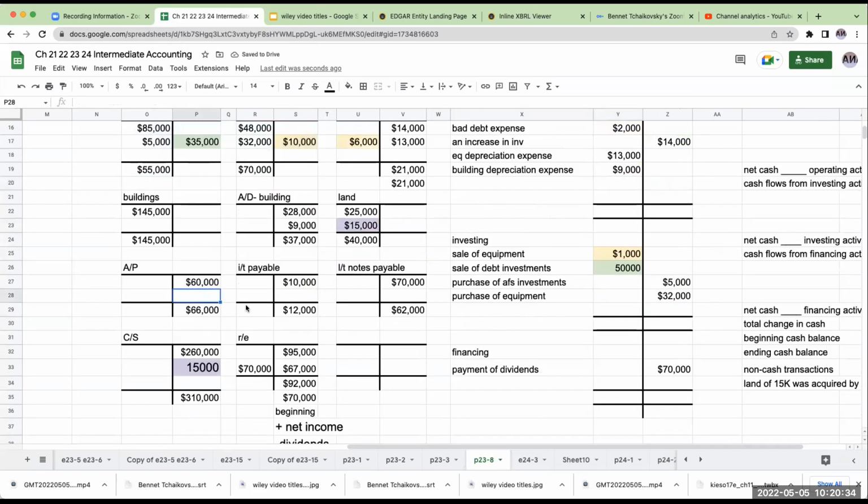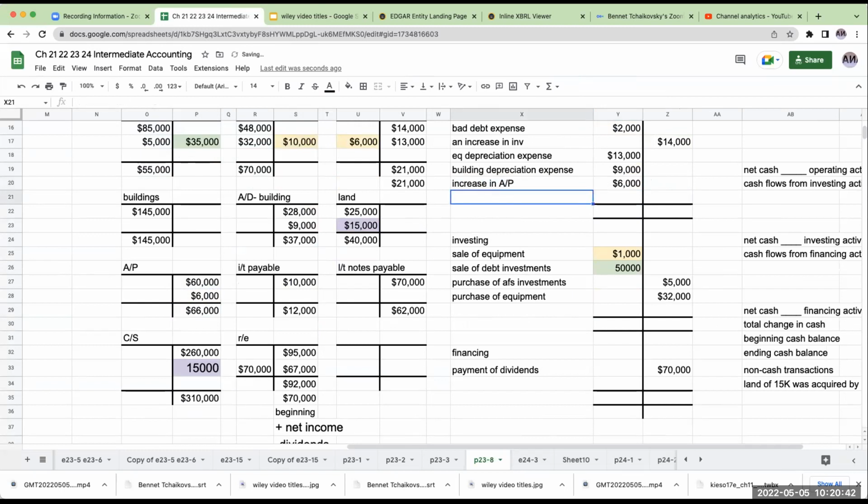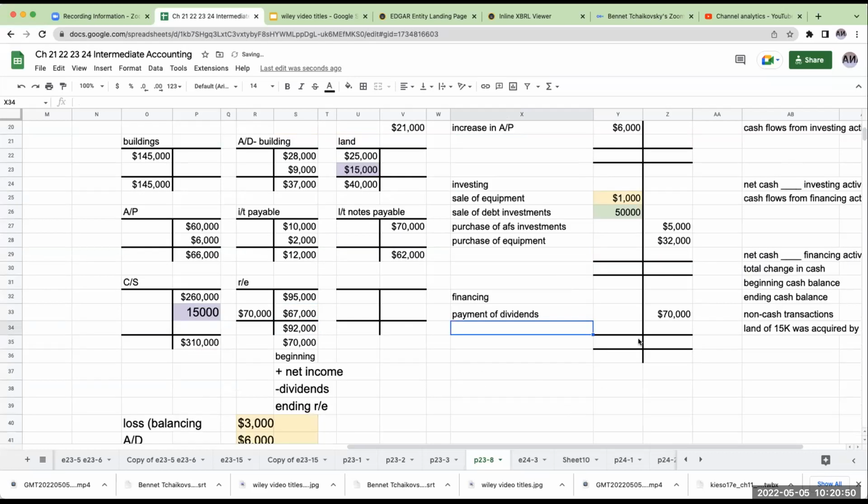Accounts payable went from 60 to 66. So this is going to be an increase in accounts payable of 6. Long-term notes payable went over here from 10 to 12. So this is going to be an increase in long-term notes payable.